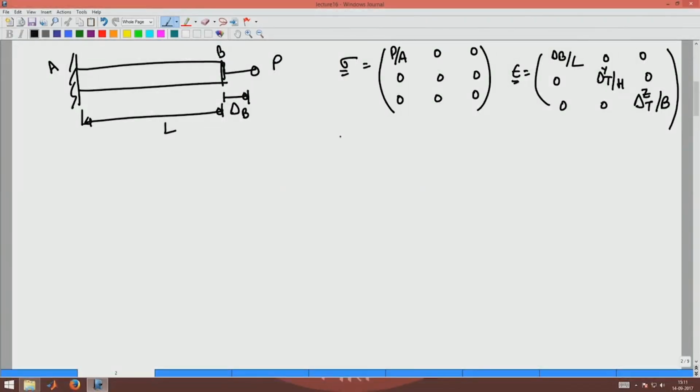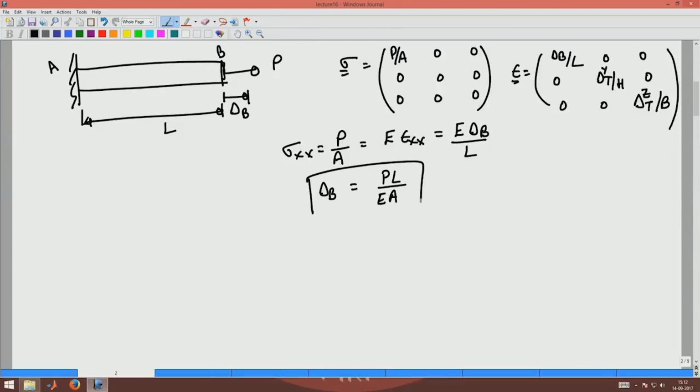To solve boundary problems, what we are interested in is the relationship of the stress sigma xx to the strain epsilon xx, which was E times delta B by L. So, you want to relate delta B now using this relation, delta B is P L by E A. This is a takeaway equation that we will be using to solve different boundary problems involving axial members.